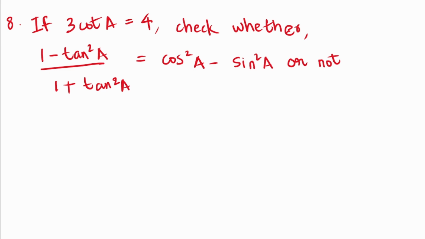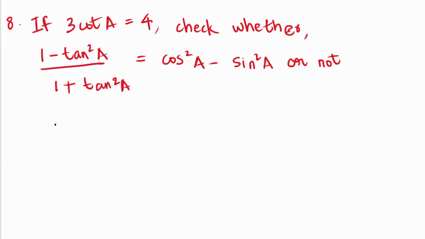For that, you need to find the value of tan A, and you need to find the value of cos A and sin A. So let us draw the triangle. In order to find tan A, you just have to find the reciprocal of this. But to find cos A and sin A, you need to find the ratios.